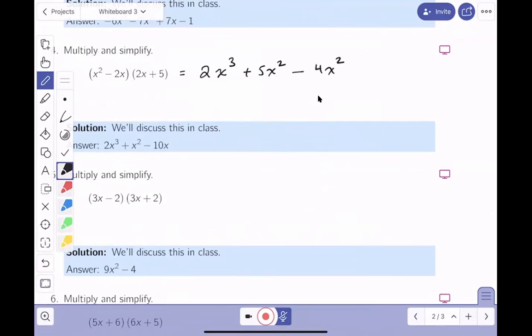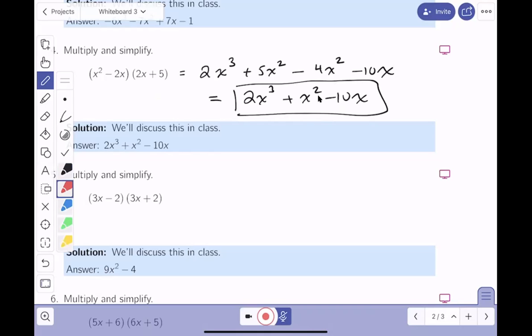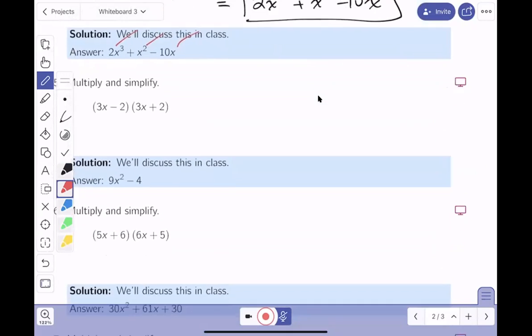And minus 2x times plus 5 is minus 10x. What I'm going to do now, combine like terms. Put a box on it and see if I did okay. And you should be doing this for all the problems that we provide to you, checking to make sure you got the right answer. Let's go to the next one.